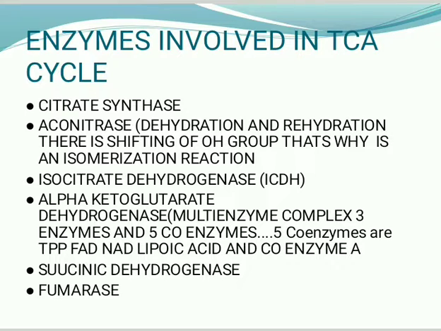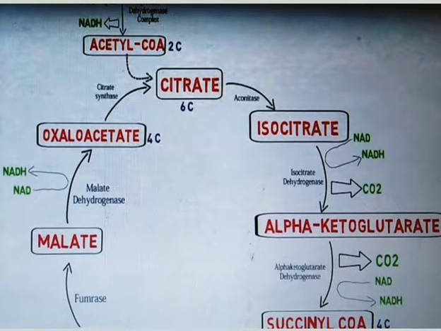Isocitrate dehydrogenase, ICDH, alpha ketoglutarate dehydrogenase. It is a multi-enzyme complex which consists of 3 enzymes and 5 coenzymes. The 5 coenzymes are TPP, FAD, NAD, lipoic acid and coenzyme A. Succinic dehydrogenase and fumarase are also enzymes involved in the TCA cycle, and you can see here where they are used.